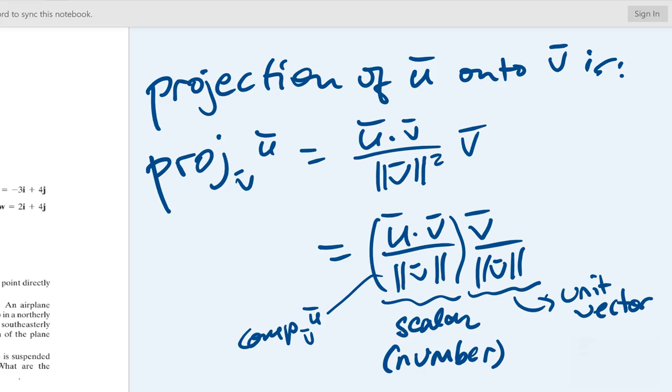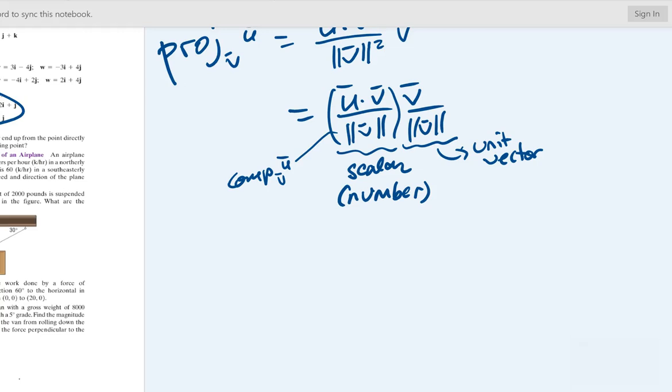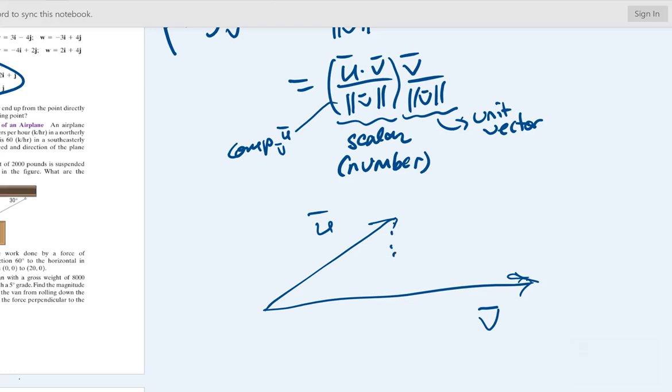So what is all this? Well, it's essentially just a piece of u that's shadowing on v in a way. If you have u here and you have v down here, then the shadow of u onto v, the perpendicular projection of u onto v, will be just this piece right here.